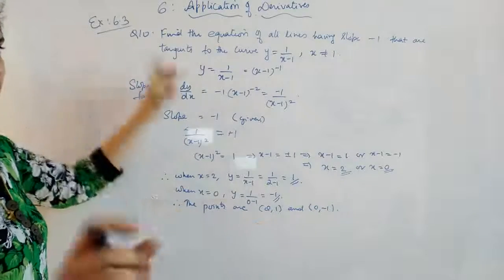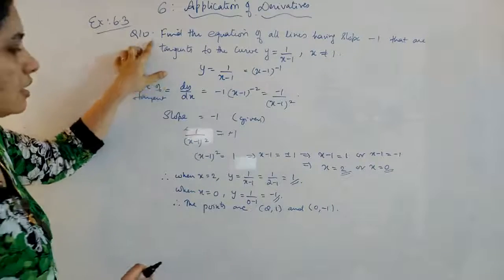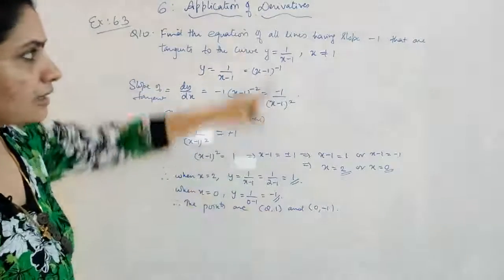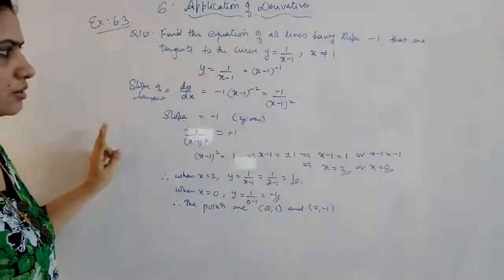But the question is, you have to find the equation. Now in order to find the equation, we have one point and the corresponding slope. So you will get two equations. Okay.